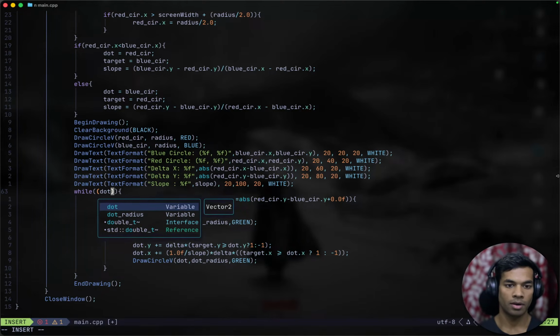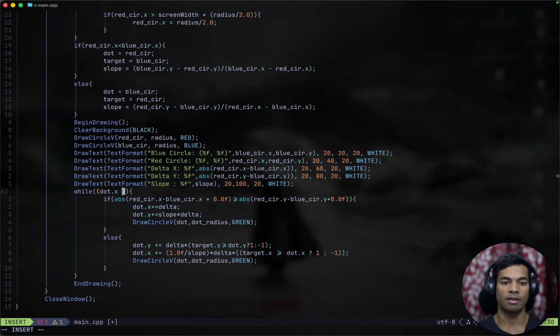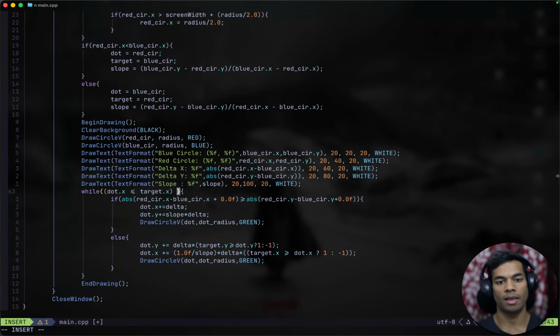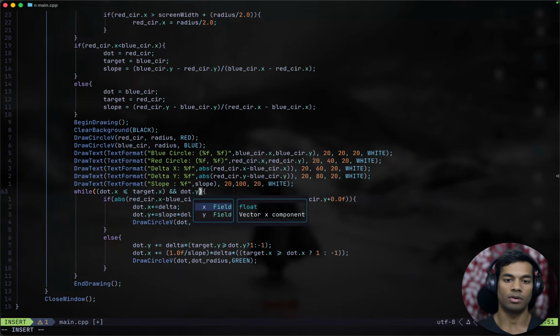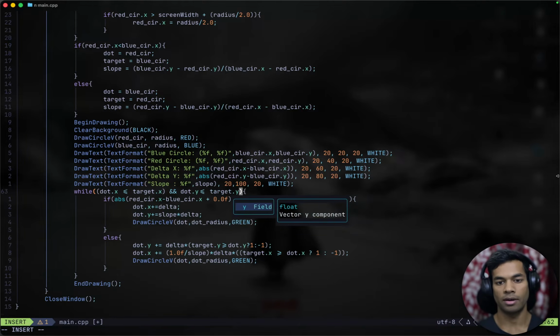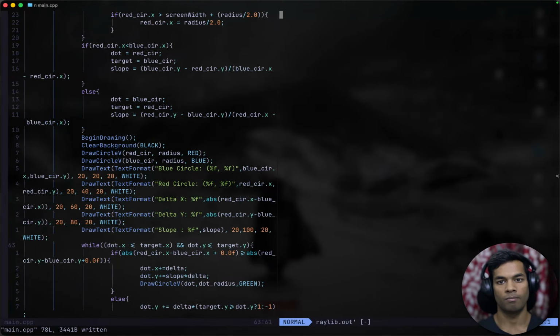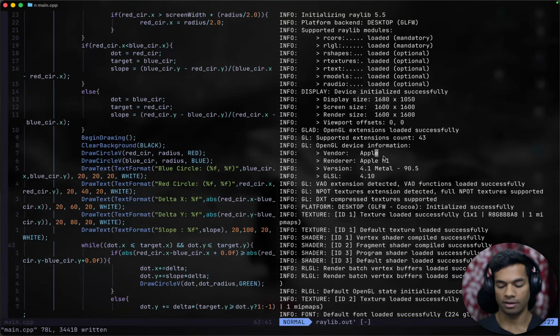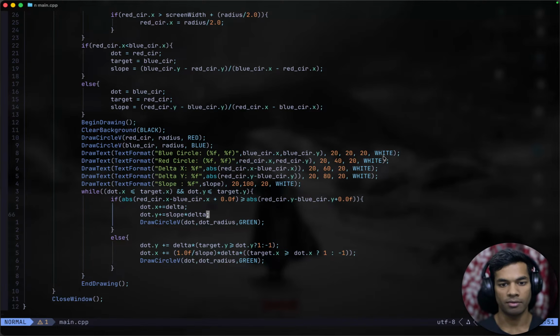While dot x is smaller than or equal to target dot x and dot y is also smaller than or equal to target dot y. We should not get stuck at least. Yeah, we are not getting stuck now. That is very, very nice. Okay, and we can change these functions now.